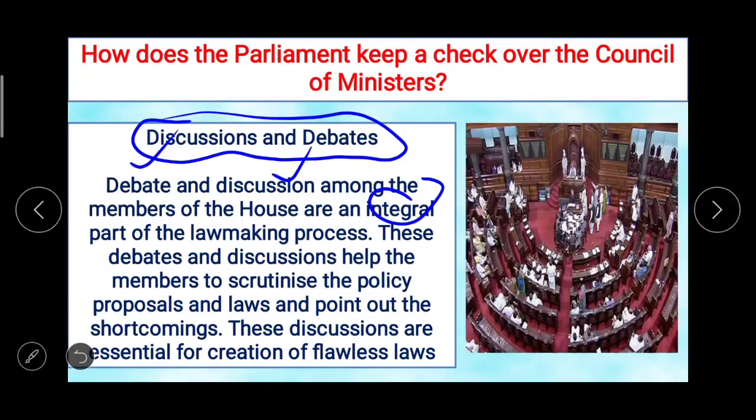And these debates and discussions help the members to scrutinize the policy proposals and laws and point out the shortcomings. So these discussions are essential for the creation of flawless, healthy laws.